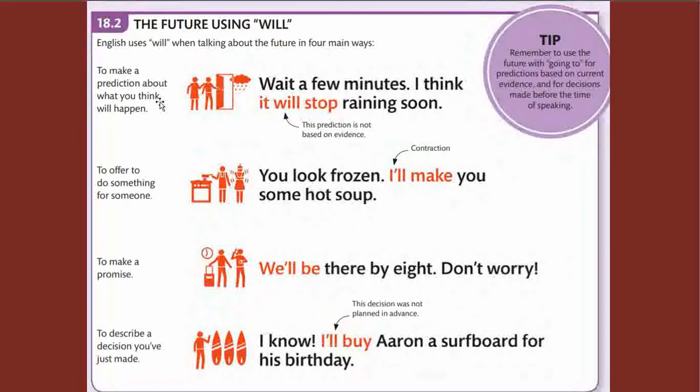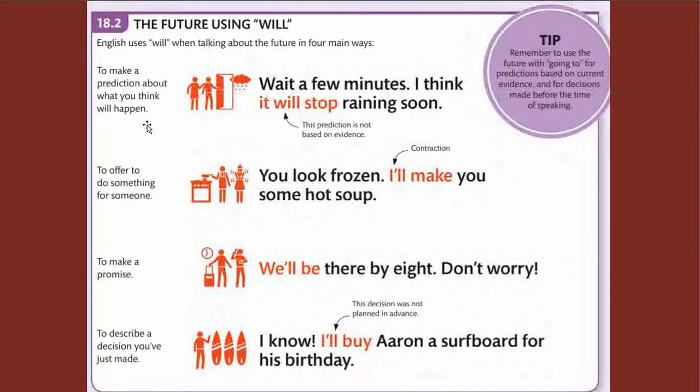So this is the major difference between the use of will for prediction and the use of going to for predictions. Remember the tip: going to is used for predictions based on current evidence, and not for decisions made before the time of speaking, whereas will is used for predictions made at the time of speaking without any current evidence in the present moment. I hope the difference is established.